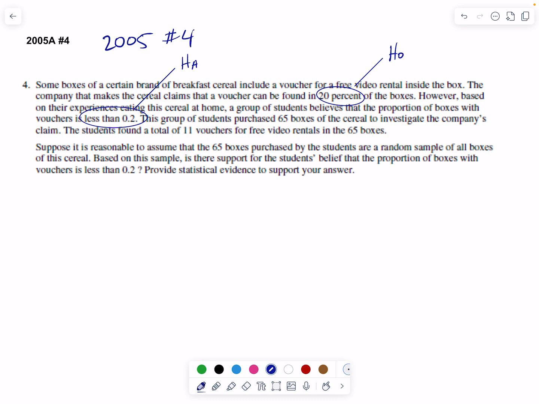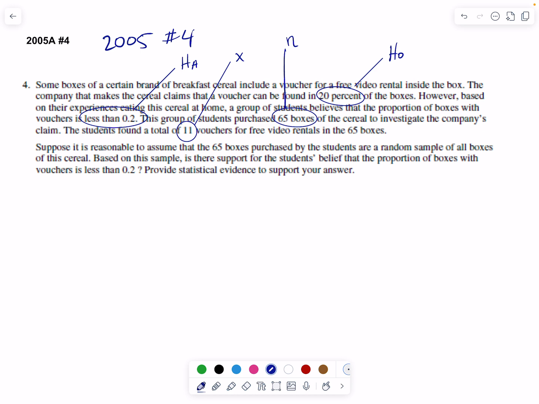So then it continues and says this group of students purchased 65 boxes. So this is their sample, and so that's their n. To investigate the company's claim, they found that 11 vouchers, so that's their x, their successes, for a free video rental were in the 65 boxes. So then it talks about our conditions.